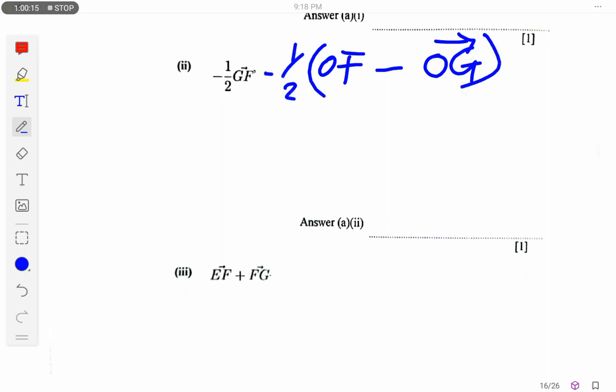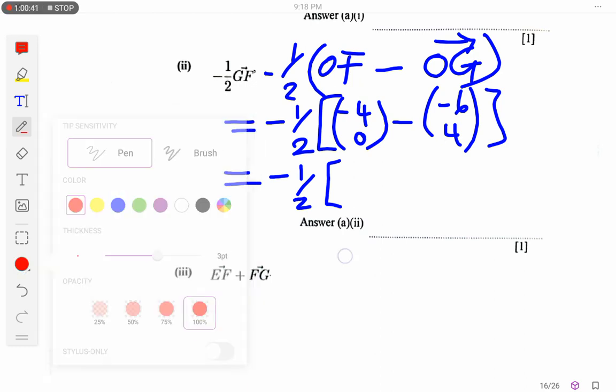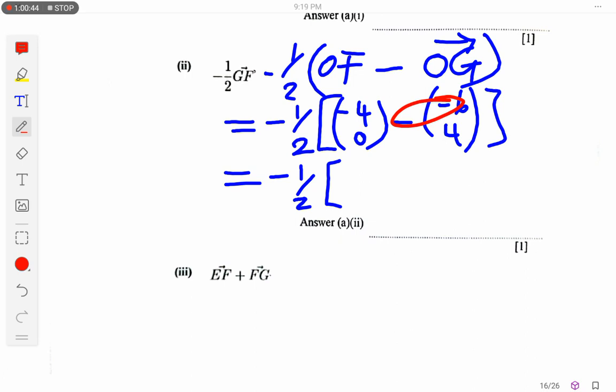So I can simply say minus half, and work out OF, which was (-4, 0), minus OG (-6, 4). Simplifying, we have minus half outside. Minus 4 minus minus 6 gives a plus, so minus 4 plus 6, that's 2. Then at the bottom, 0 minus 4, that's minus 4. So this is our answer.